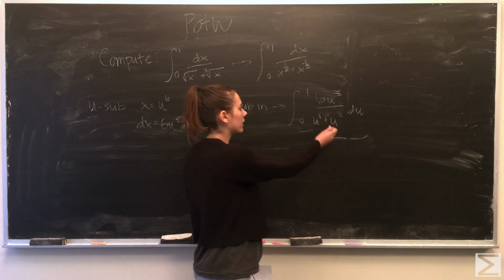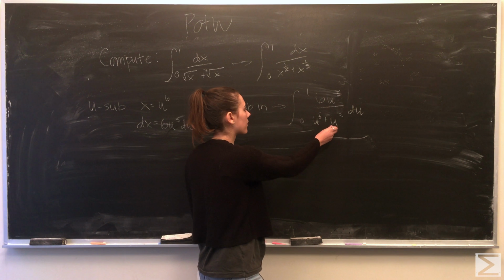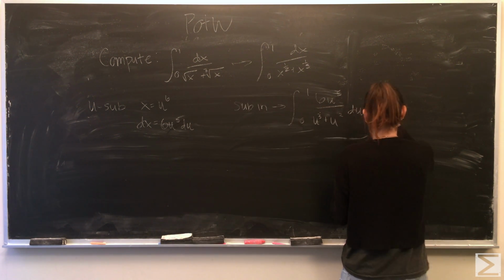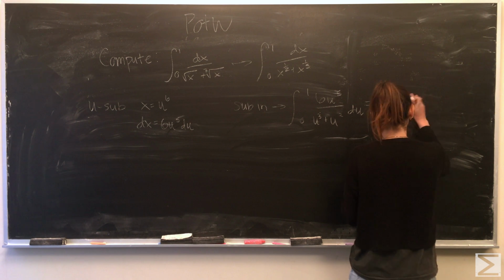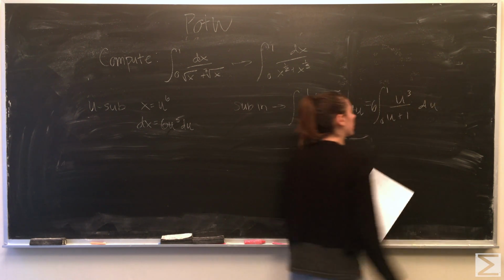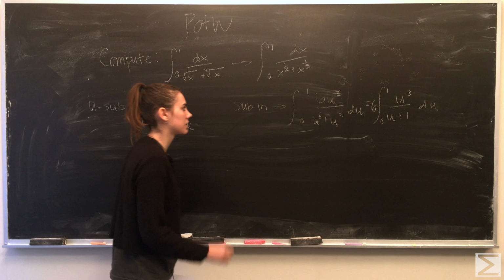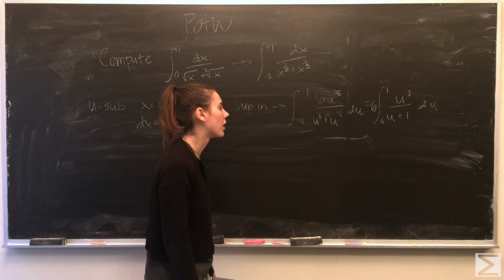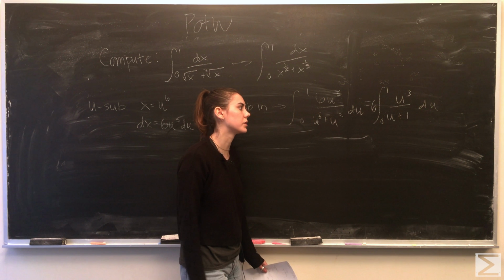And we can pull out a u squared from below and cancel it out. And pulling the 6 constant out, we get 6 times the integral from 0 to 1 of u cubed over u plus 1 du.